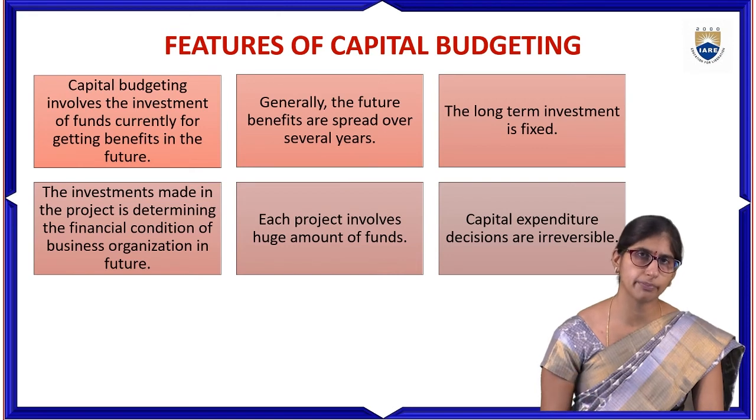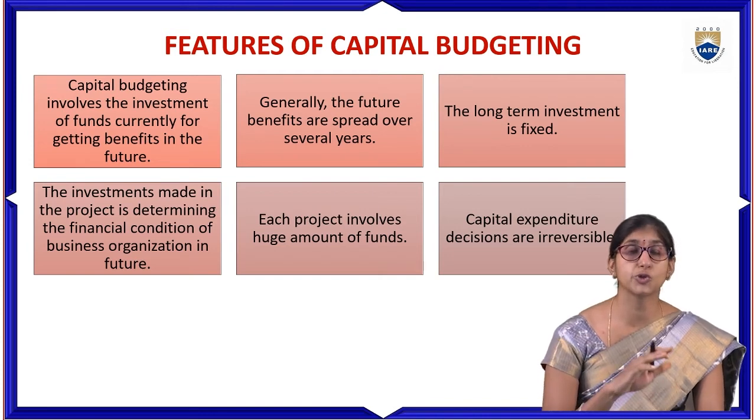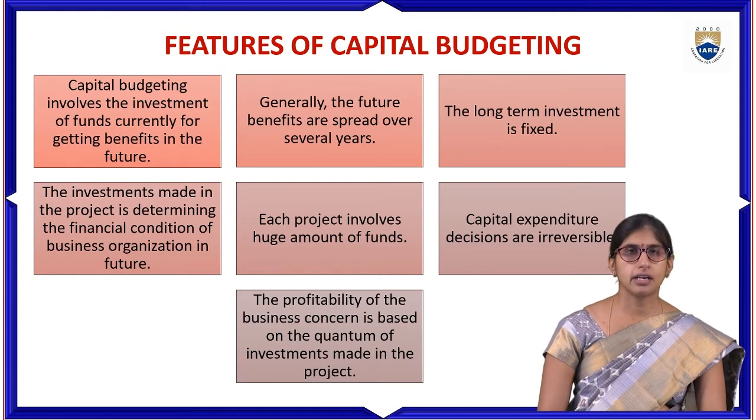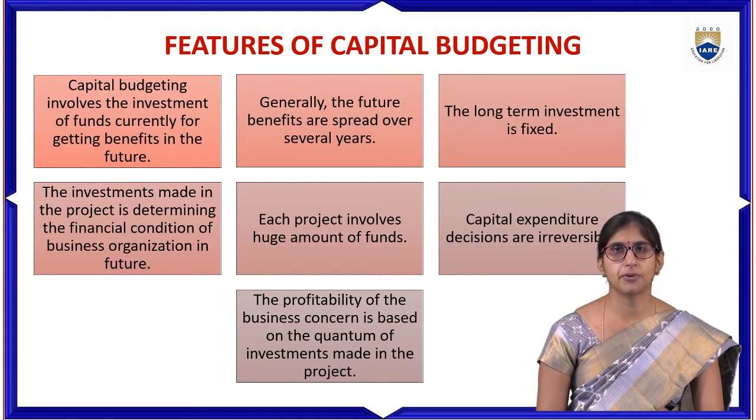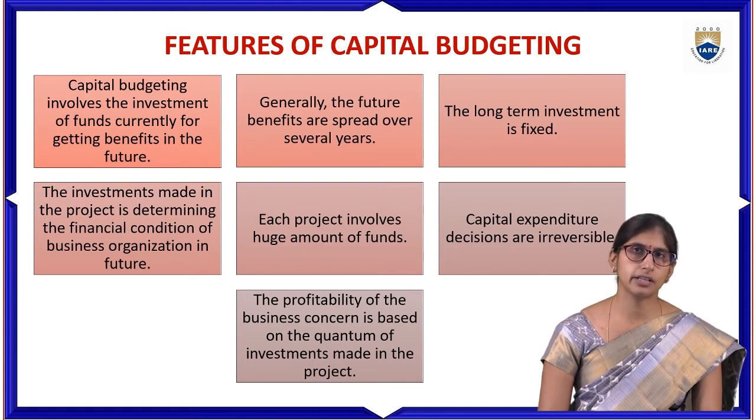In the middle of the project, one cannot leave the project, and that capital expenditure decision cannot be revised. And coming to the profitability of the business concern, it is based on the quantum of the investment made in the project. So these are the features of capital budgeting.